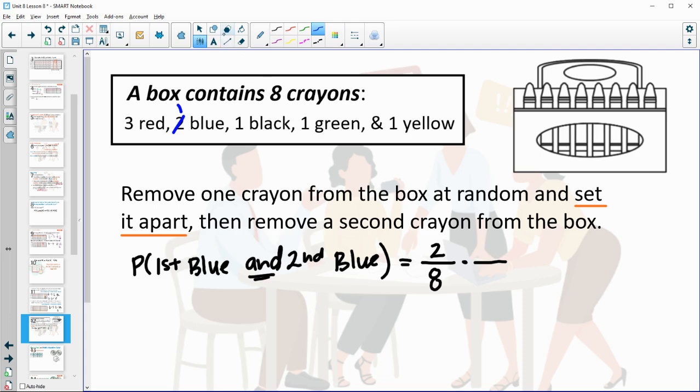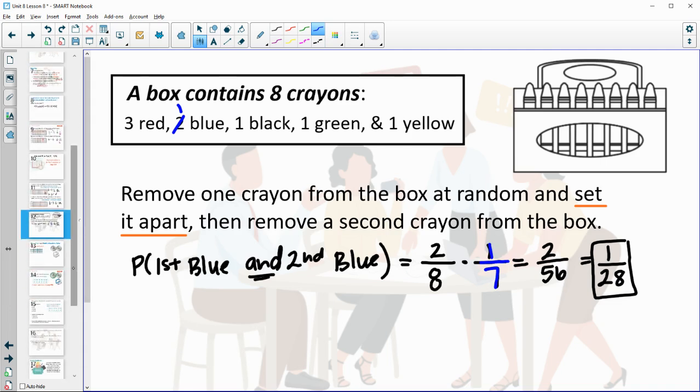So now we're down to just 1 blue and we're down to 7 crayons. So if we multiply it out, we get 2 on top, 56 on bottom, which reduces to 1 over 28. This would be the probability that both are blue. And we can see that it impacted the second probability because it reduced the sample space and the number of blue crayons.